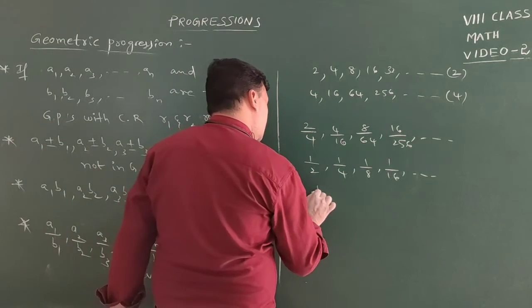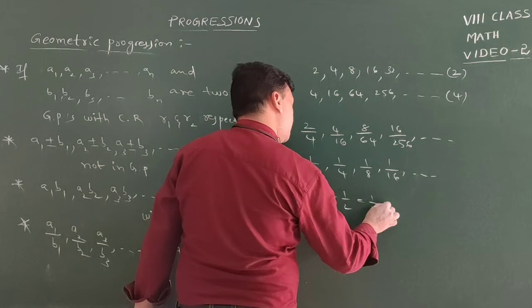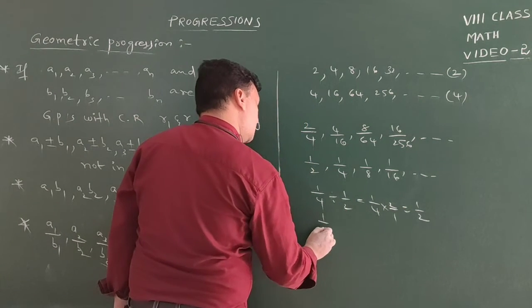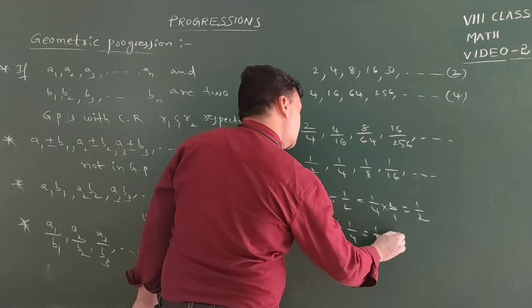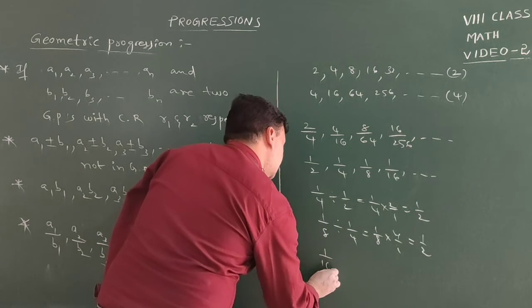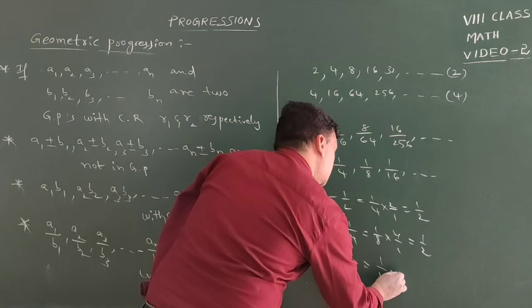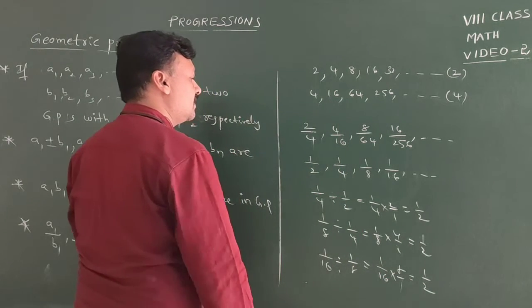Now 1 by 4 divided by 1 by 2 means 1 by 4 into 2 by 1, that is 1 by 2. Here 1 by 8 divided by 1 by 4 means 1 by 8 into 4 by 1, that means 1 by 2. Here 1 by 16 divided by 1 by 8 is 1 by 16 into 8 by 1, that is 1 by 2.